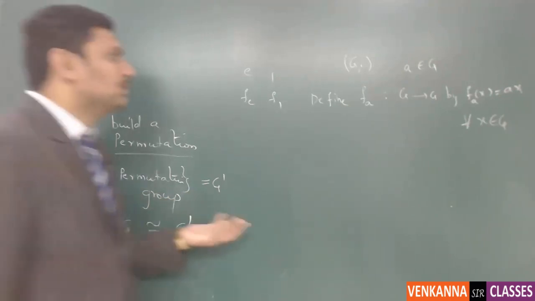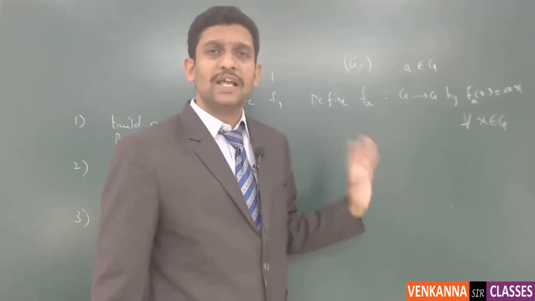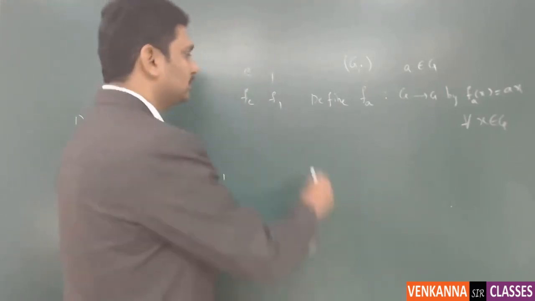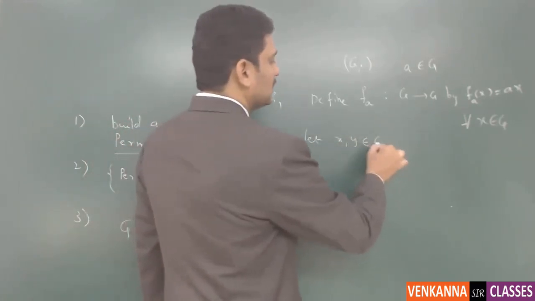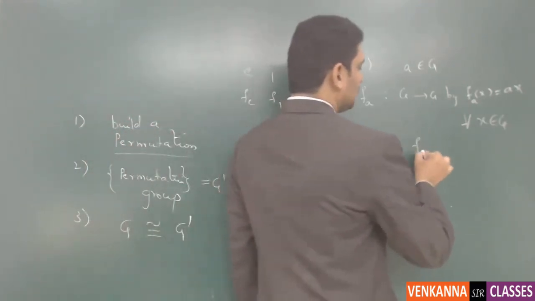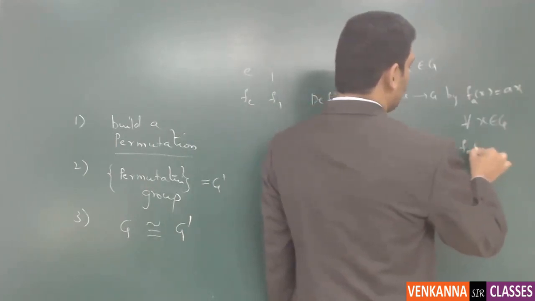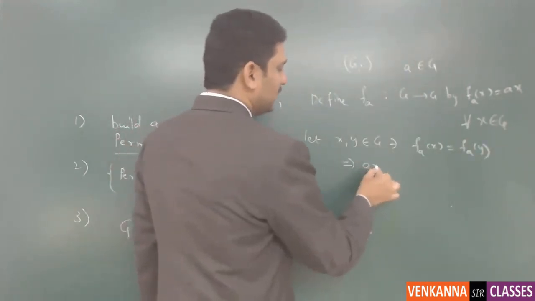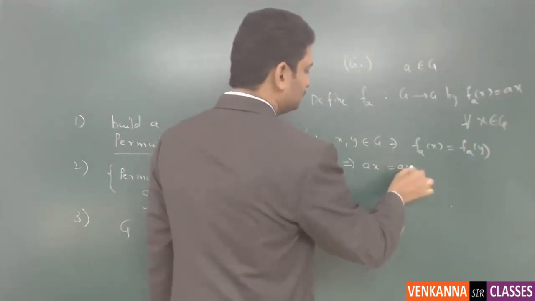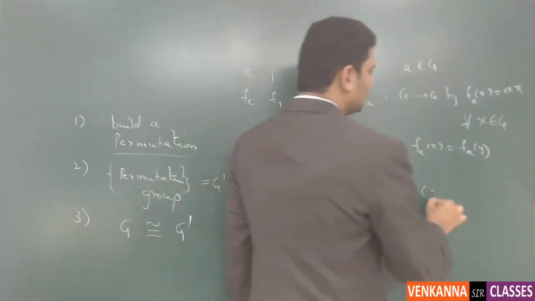Now, it is very easy to verify that it is a 1-1 function as well as onto. So let us try. You take two elements such that f_a of x is equal to f_a of y. From this you can say ax equal to ay implies x equal to y using the cancellation law.